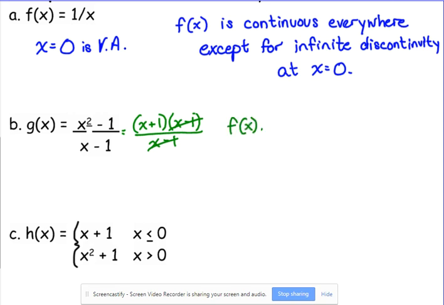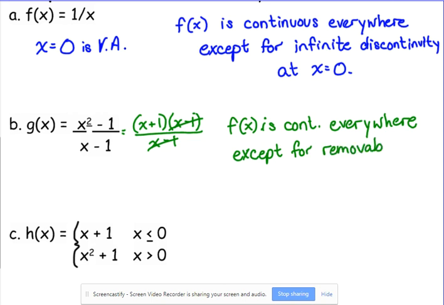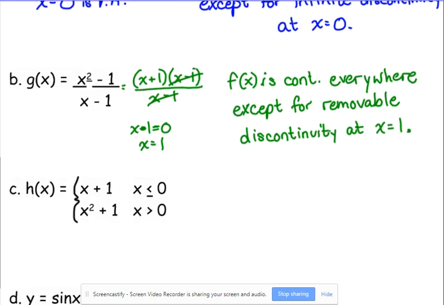So I'm going to abbreviate a little bit here. g of x is continuous everywhere except for a removable discontinuity at x equals 1. Set what you canceled equal to 0, x minus 1 equals 0. So x equals 1 is your removable discontinuity.